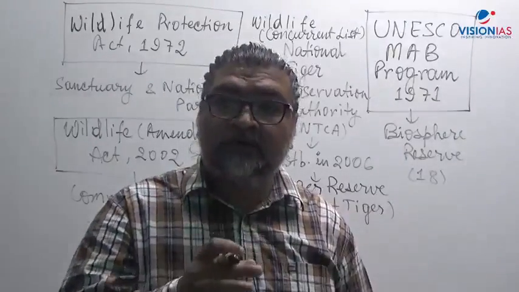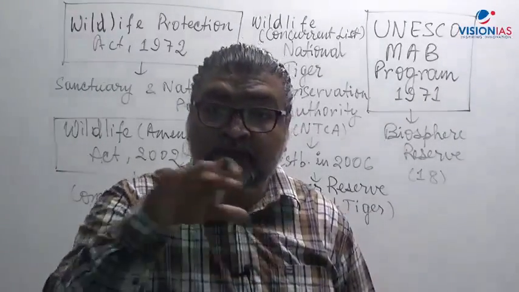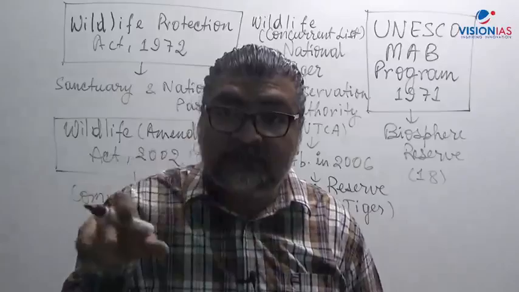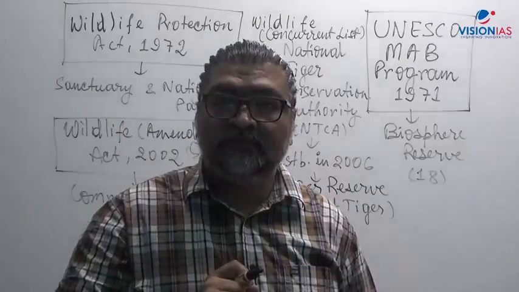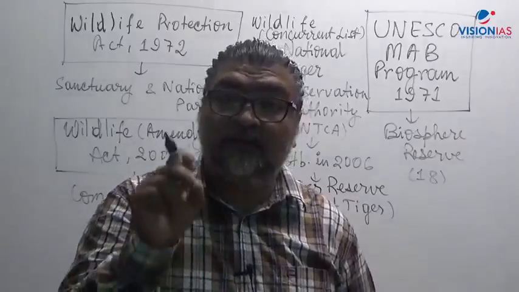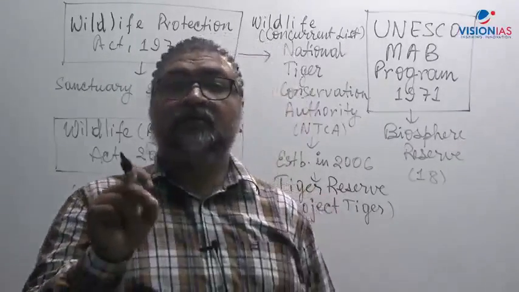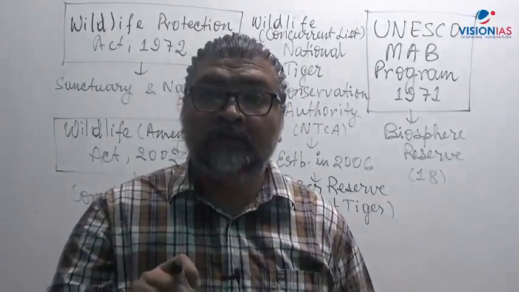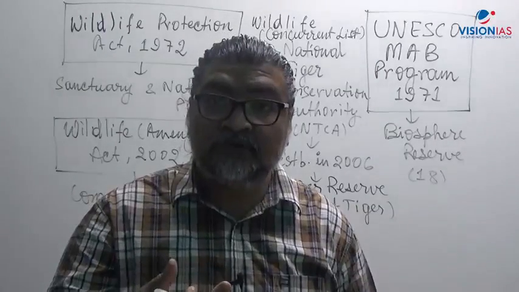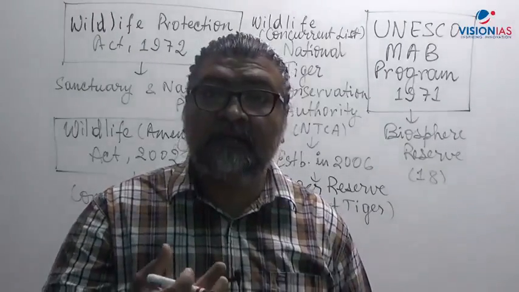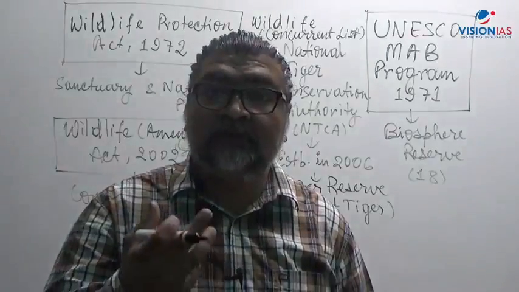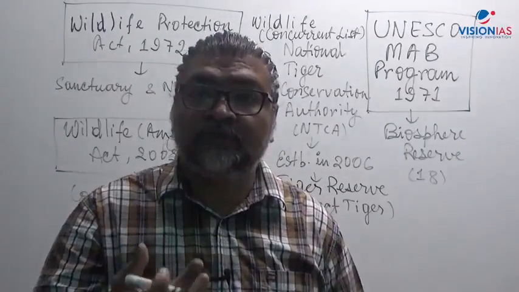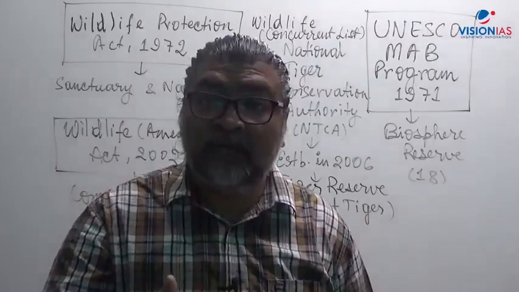And then later on, for the rights of the people, the community, the indigenous tribes who depend on forest, the central government enacted another law in 2006, called the Scheduled Tribes and Other Forest Dwellers Recognition of Forest Rights Act 2006. What is the full name of the act?